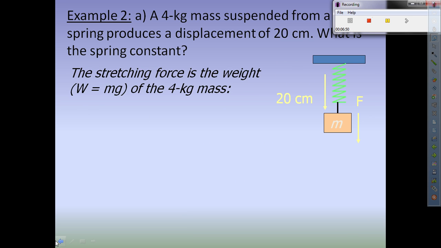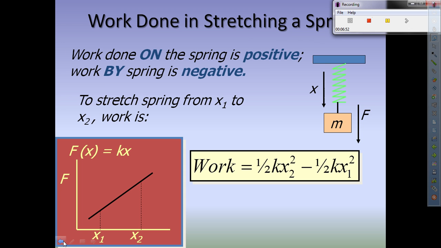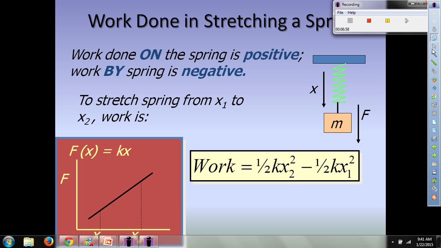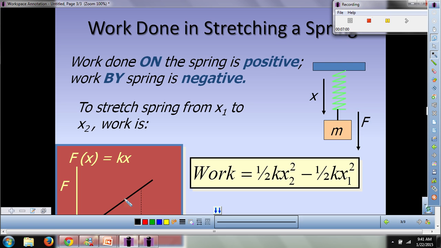If I go back, which I will, this is a graph of force versus distance. We learned several chapters ago that when you have a graph like this, the area under the curve is the work done.